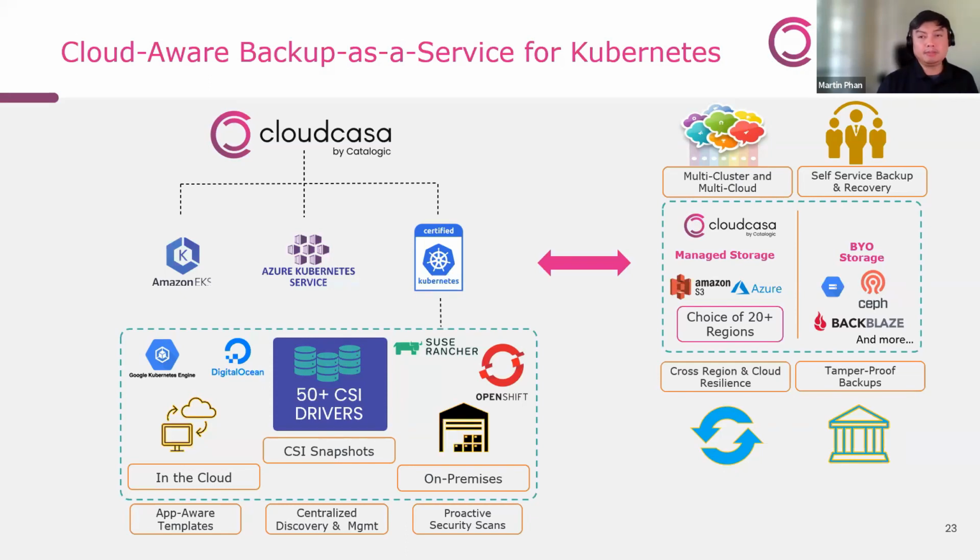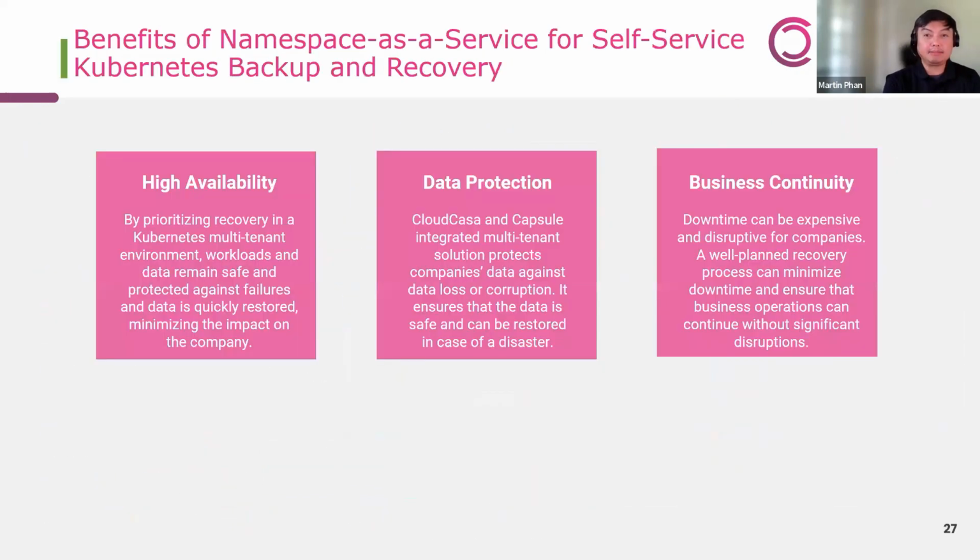And it's through these groups that you're going to be able to control what each user is able to do with those resources from a backup or restore perspective. But that is only available at the cluster level, and that Capsule integration is going to give us that lower level granularity down to the namespace level, which is going to be important, especially if you are doing namespace as a service.